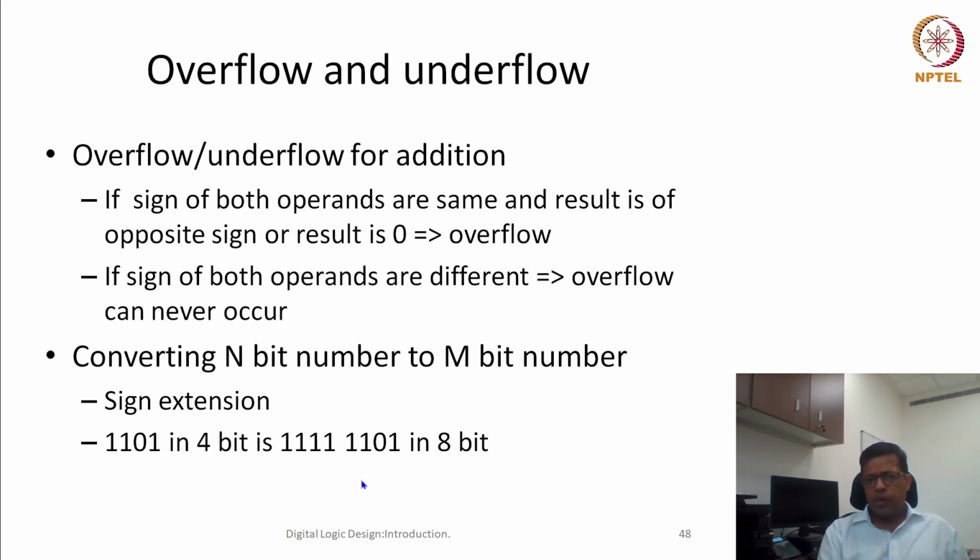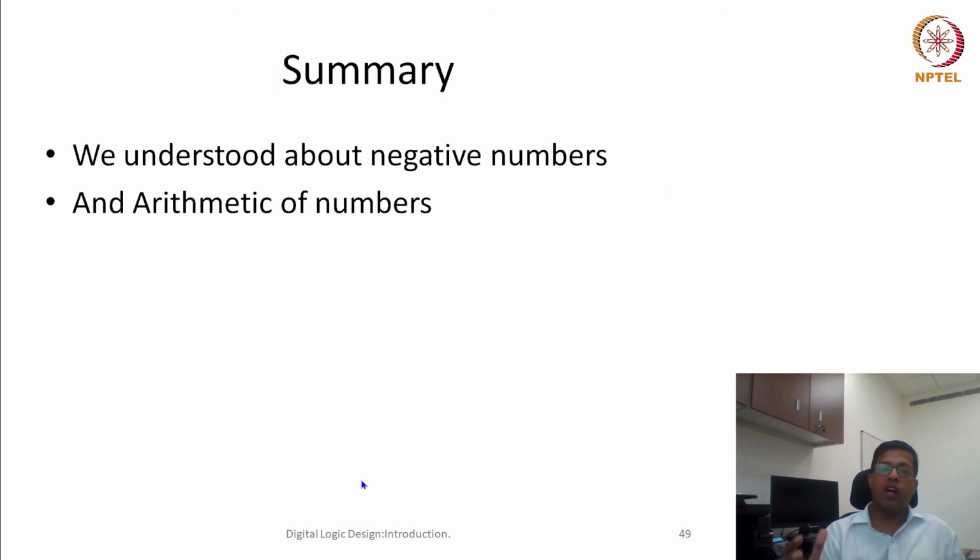So here I would like to close, and I can summarize that in the last half an hour to 45 minutes we have understood the various ways of representing negative numbers. One thing you may be thinking at this point is, if we are not going to use 1's complement, sign magnitude, 2's complement, why are we studying all those things, was the only motivation to find flaws in all those numbers?